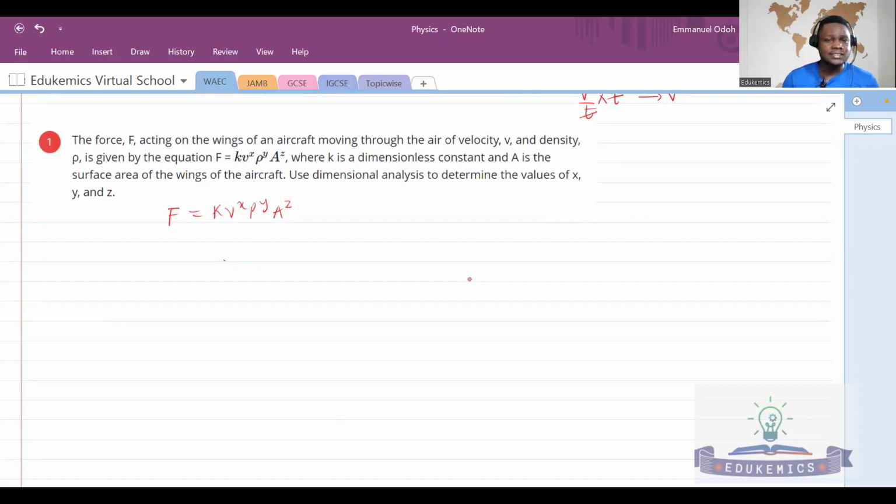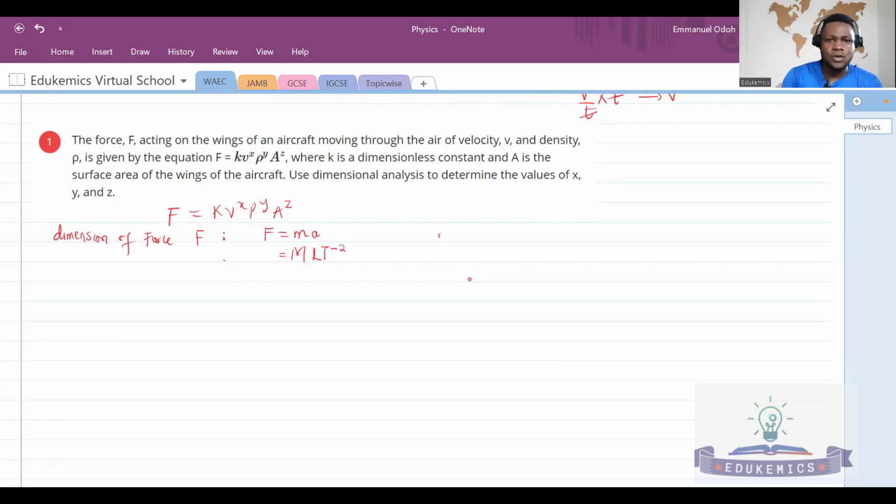On our left-hand side, we have force. Let's get the dimension of force. Force is the product of mass times acceleration. Mass has a dimension of capital M, and acceleration has a dimension of LT minus 2. So this is the dimension of force.